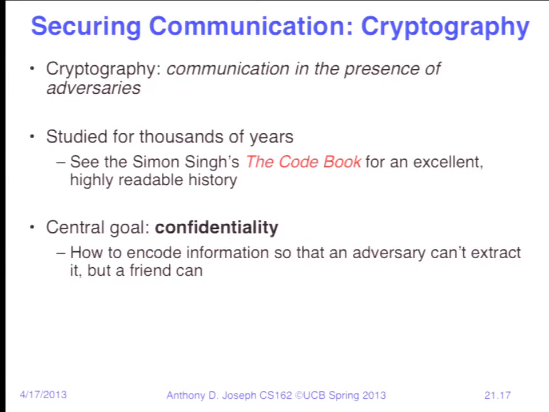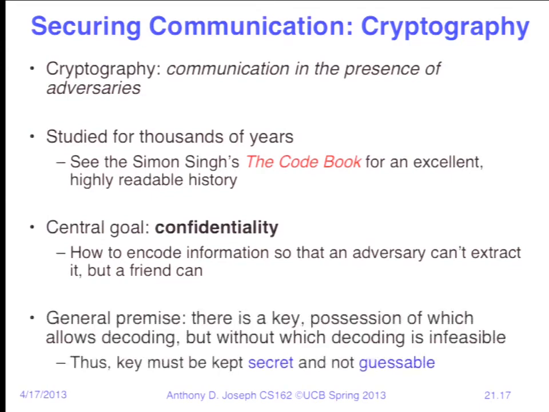We can use Wi-Fi in a cafe, right, without having to worry about an eavesdropper being able to gain access to the information that we're sending. The basic idea is we have a key. If you have the key, it's very easy to decode the data. If you don't have the key, it's computationally infeasible for you to gain access to the data.